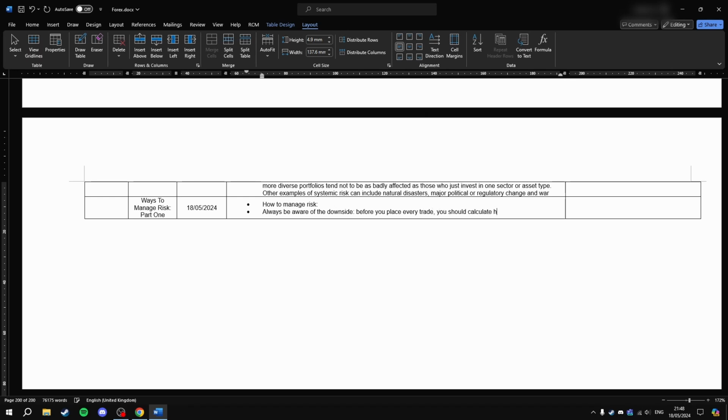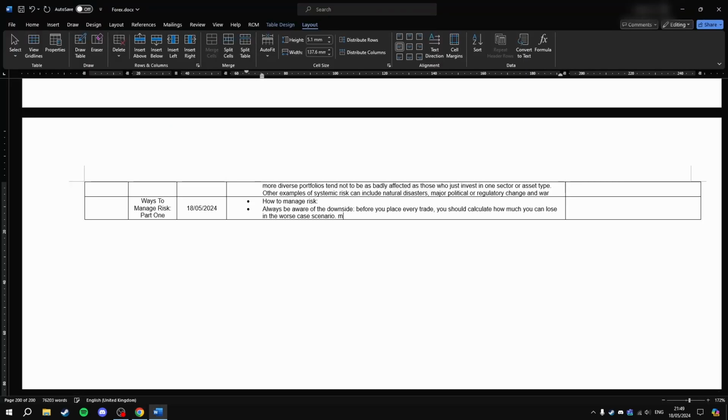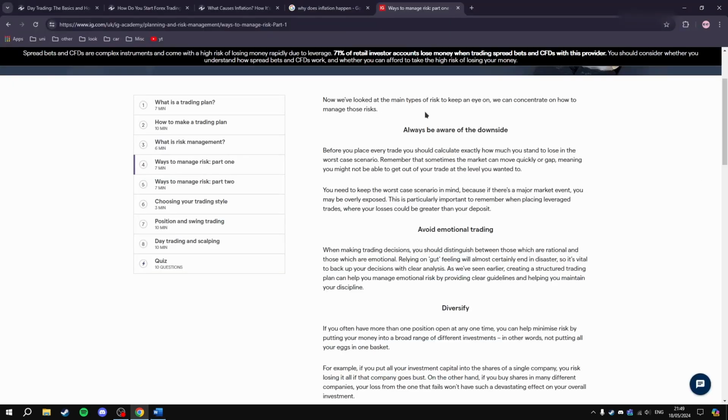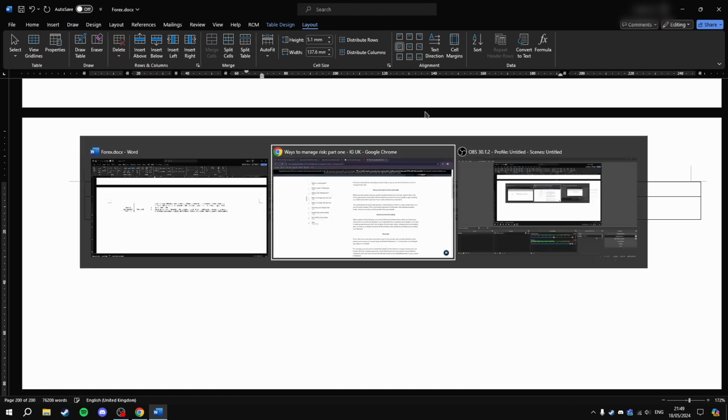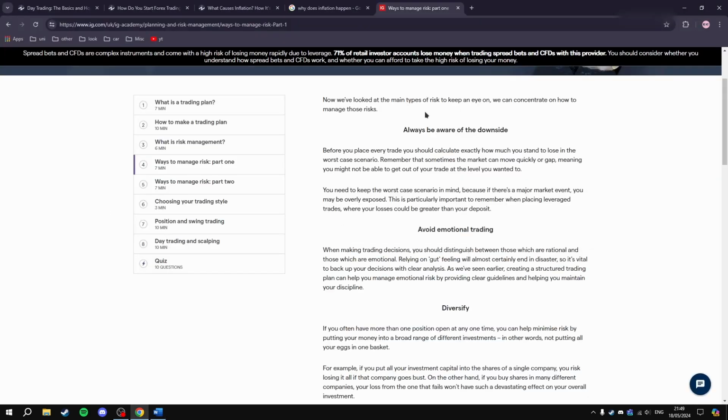Remember that the market can move quickly and gap, meaning you might not be able to get out of your trade at the level you want.